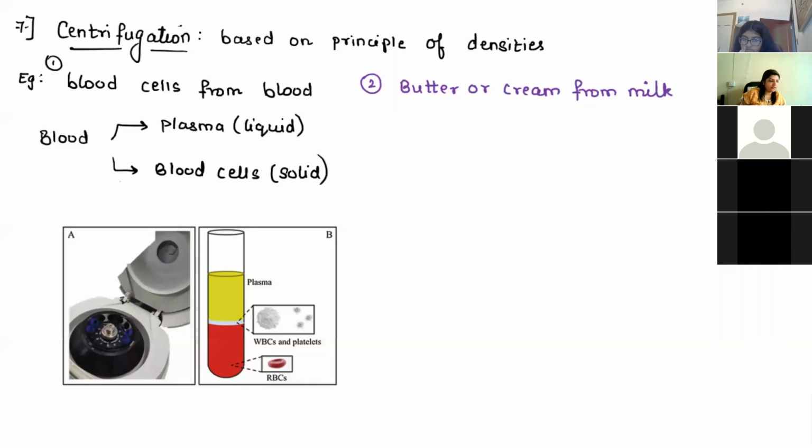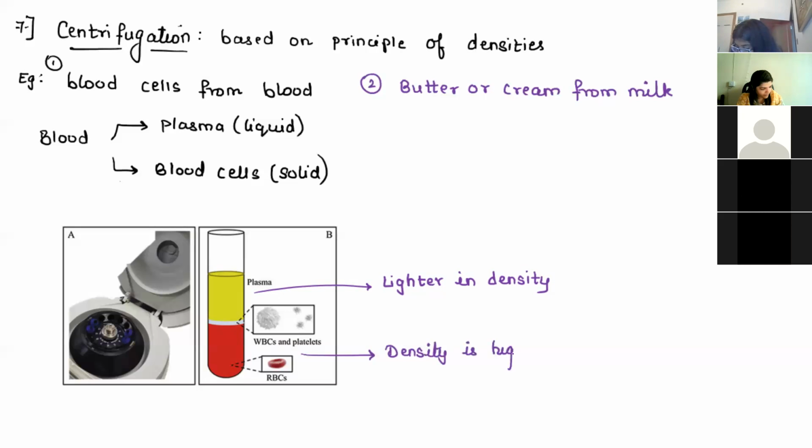You take the test tube and rotate it. Once you rotate, depending on the density, the lighter particle, plasma, is lighter in density, and this is heavy in density. So this is how centrifugation takes place.